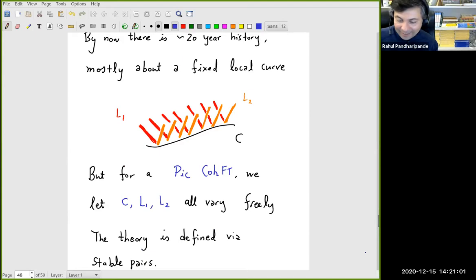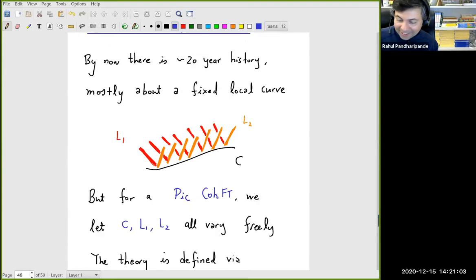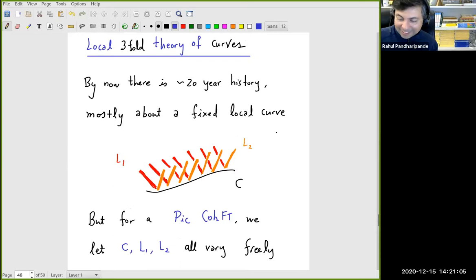In the first iteration, which was for most of those 20 years, we fixed the curve C, and that's one threefold. We want to study the Gromov-Witten theory or the DT theory or ideal sheaf theory of that one threefold. There are a lot of methods to study this. It may involve degenerating the curve and all that, but the whole thing is always about one curve, all right?